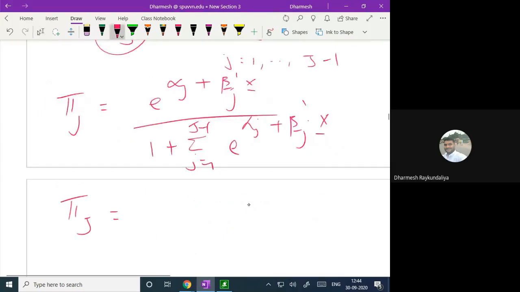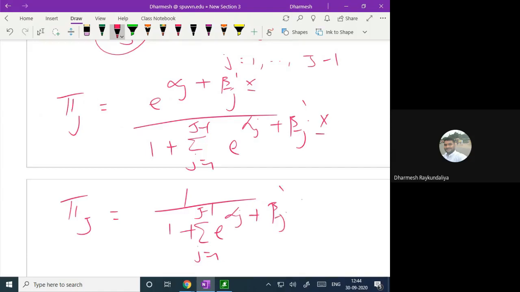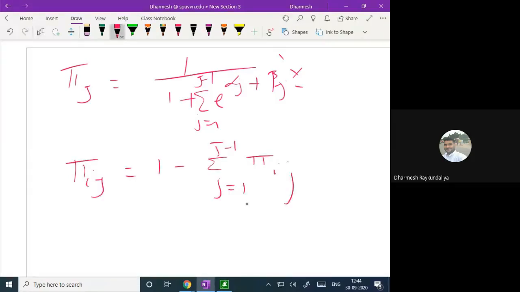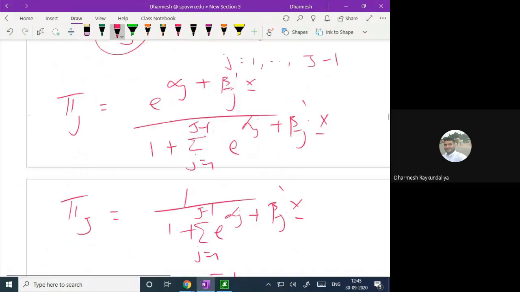To find the last probability, you can use this formula, or you can just calculate pi_J as 1 minus the summation over J minus 1, because you calculate the probabilities for the J minus 1 categories from the J minus 1 logits, sum them, and subtract from 1, which gives the probability of the last category for the ith response.